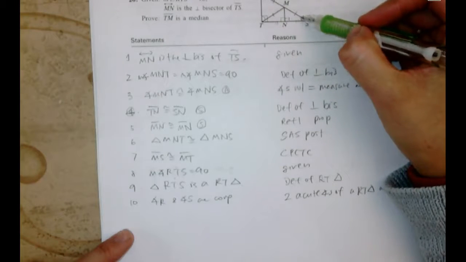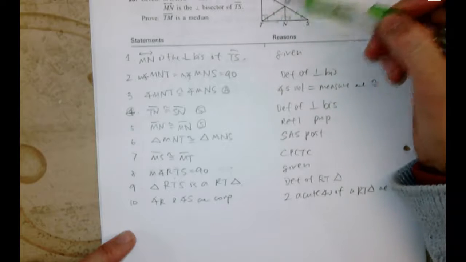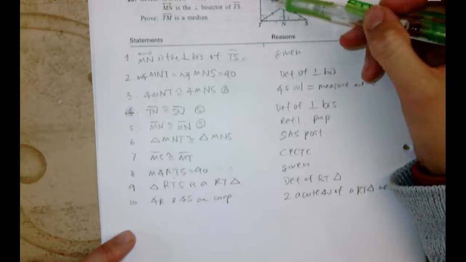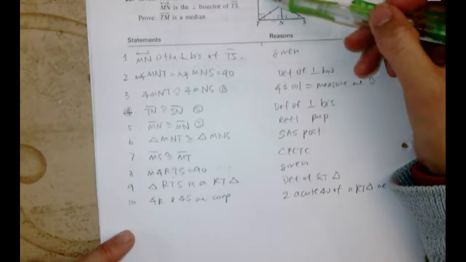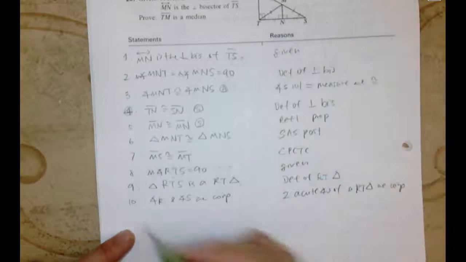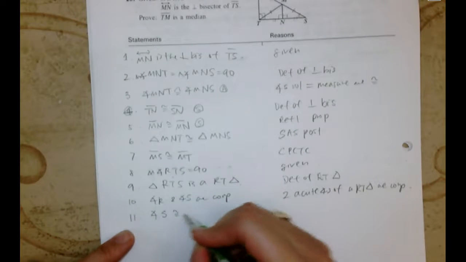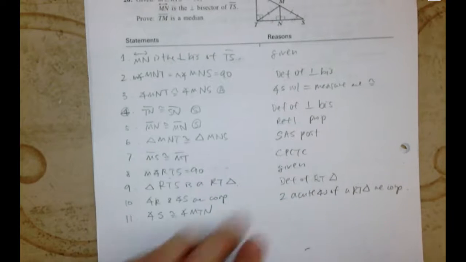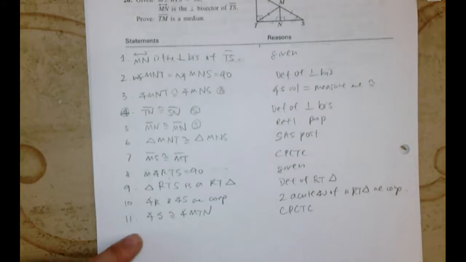And now we want to make this also complementary to this. Then the two angles complementary to the same angle or congruent angle are congruent. So we can make these congruent actually, right? Because those are CPCTC. So 11, angle S is congruent to angle MTN, and that's CPCTC, right?